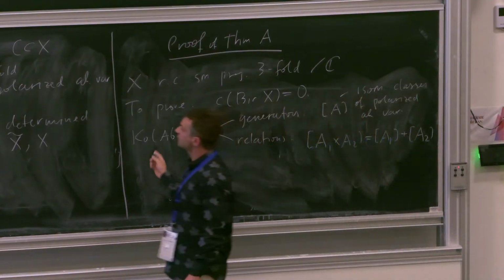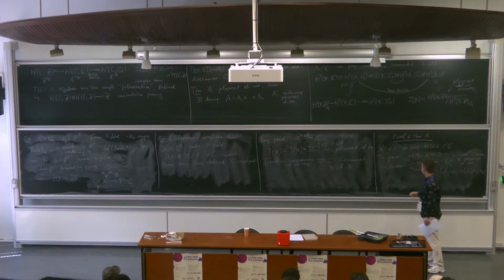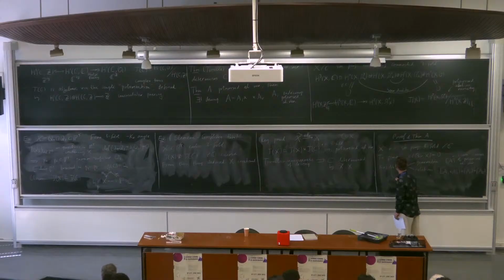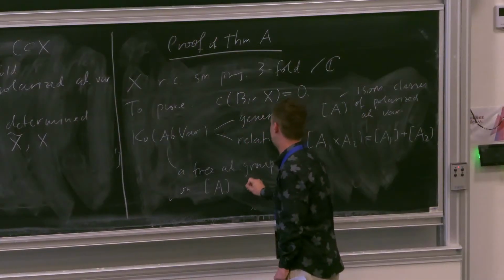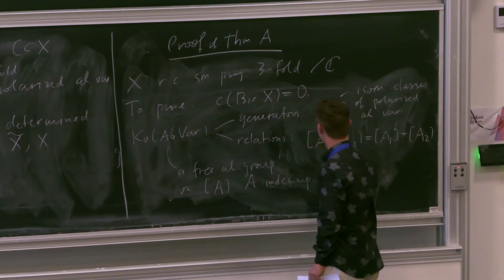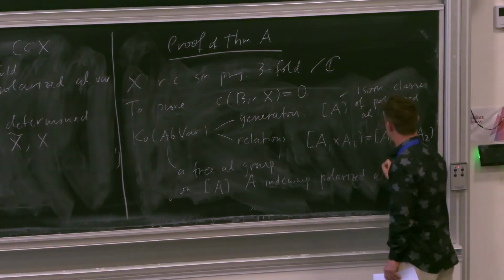As soon as you have some kind of nice category with direct sums, you can run this K0 construction. The beautiful thing here is that because of this uniqueness, it's an easy kind of group. From uniqueness, it follows that this group, which potentially could be quite complicated due to cancellations, is just a free abelian group on indecomposable polarized abelian varieties.